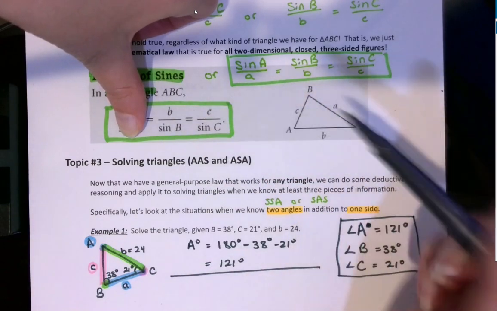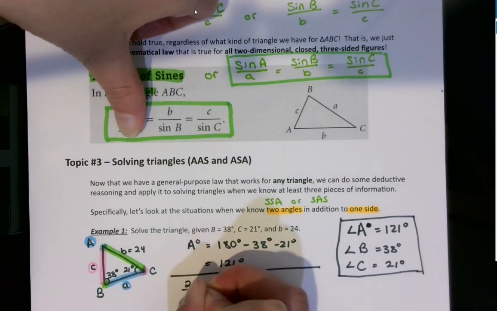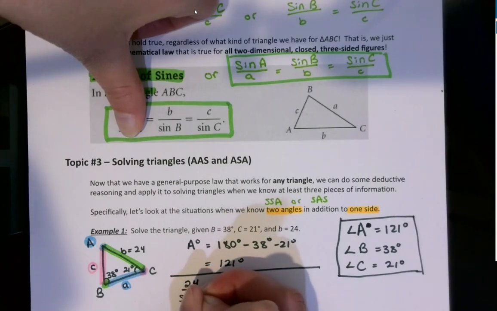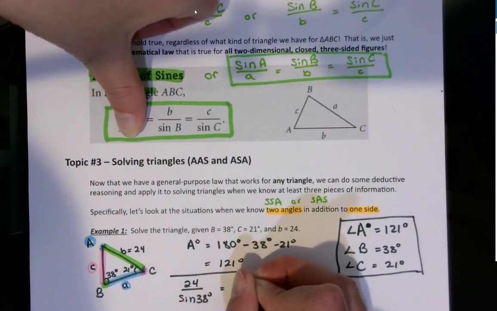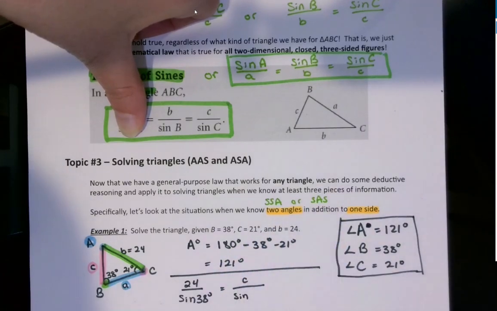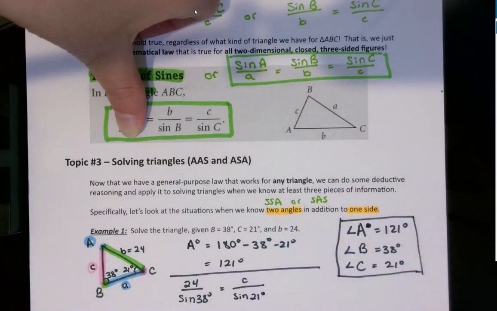So we're going to use the fact that little b, a measure of 24 in length, over sine of B, which is 38 degrees, is going to equal little c over the sine of C, which is 21 degrees.